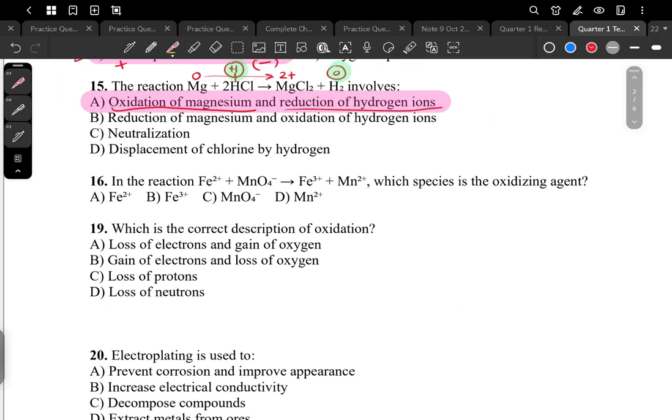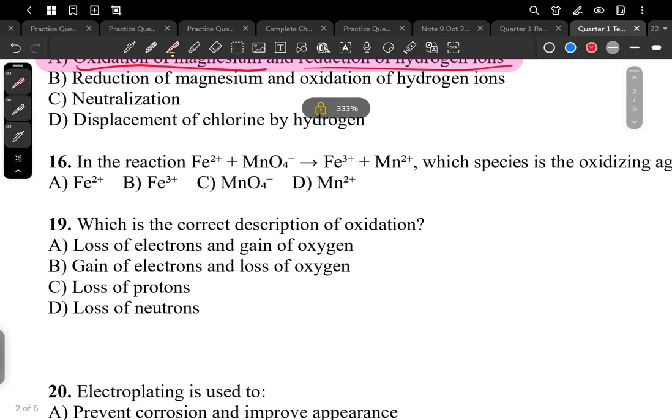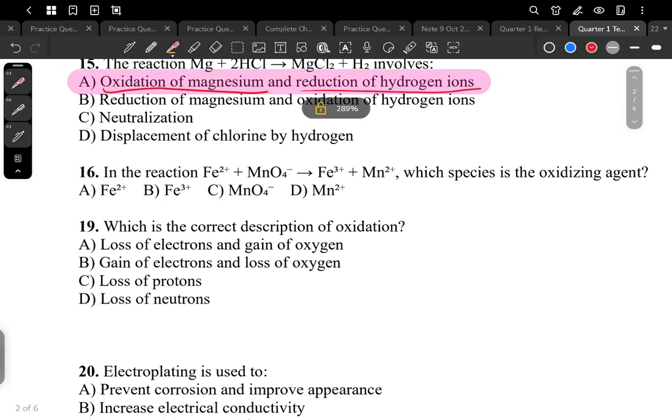In the reaction of iron with manganate, it produces the iron 3 ion plus the manganese 2 positive ion. Which species is the oxidizing agent?